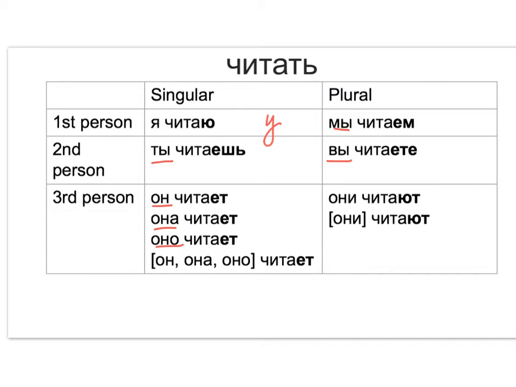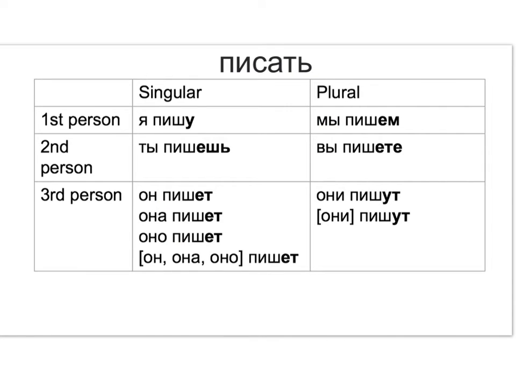Whereas читать has е as well: читаешь, читает, читаем, читаете. And in the они form, жить had ут, живут, whereas читать has ют, они читают.